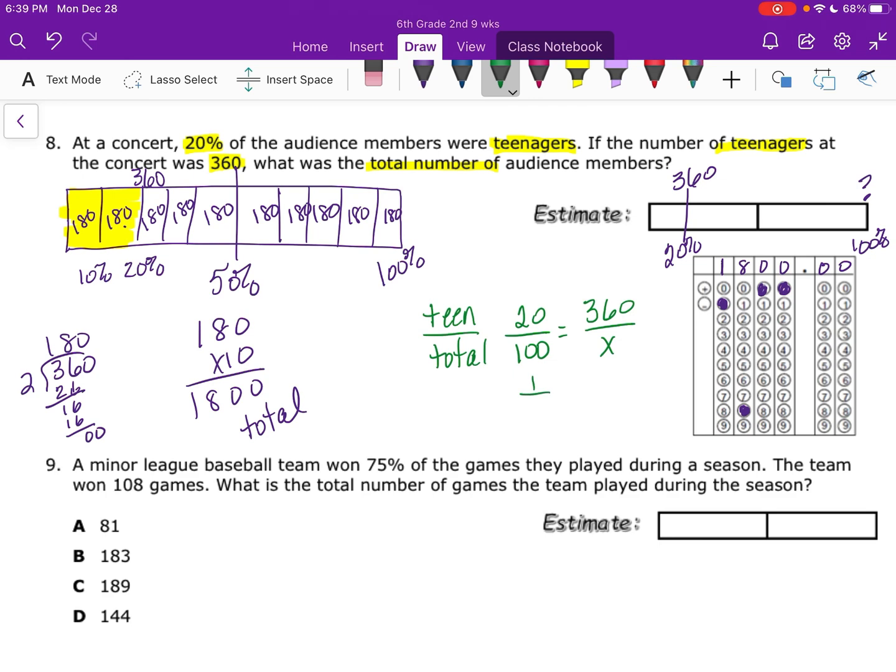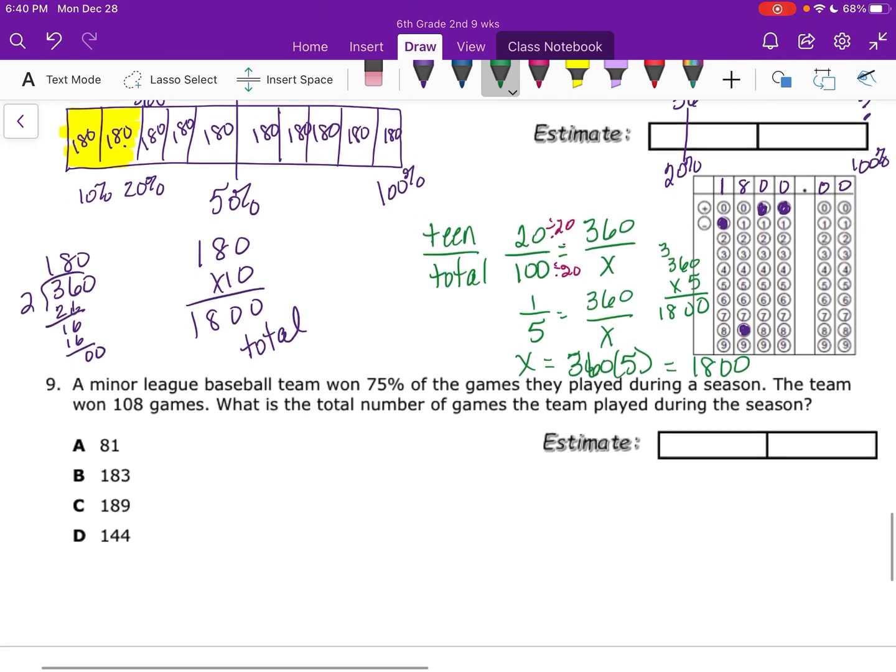If we simplified 20 over 100, we would get 1/5, right, by dividing by 20. If we cross multiply, x will be 360 times 5, which is $1,800. Okay, so we get the same thing.